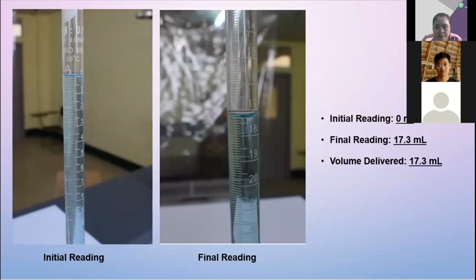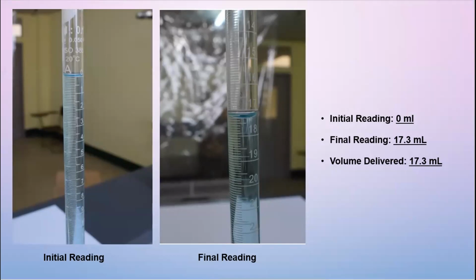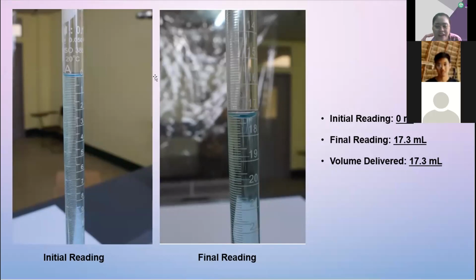Okay? So parehas ba tayo ng sagot dito, reporters and other students? Ano ba ang sagot niyo dito? 17 point something? 17.2? Nag-start kaya sa 0.1. Actually, yung mga burette talaga, mag-start dapat sila sa 0.1. Pero yung nilagay namin dito, nag-start talaga siya sa 0.